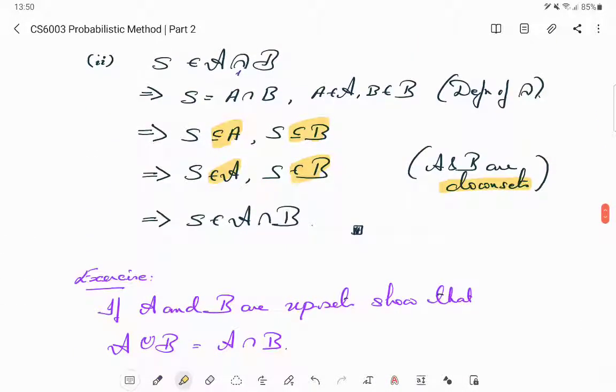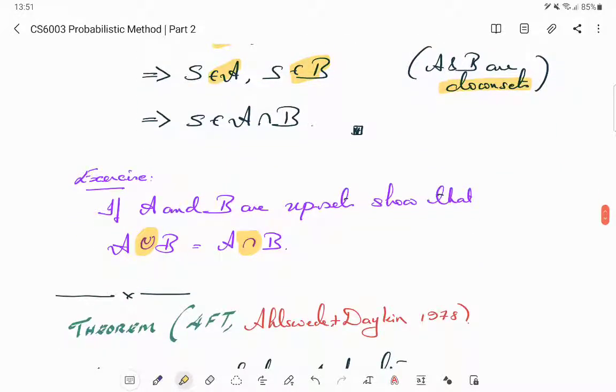Now, as an exercise, you can show that the same thing is true even if you assume A and B are upsets. No, not the same thing, sorry. So here maybe I should highlight that this is an exercise for you. Show that their pairwise union also turns out to be the classical intersection. Okay, that's a bit funny, but I want you to work it out by yourself, rather than me giving it.